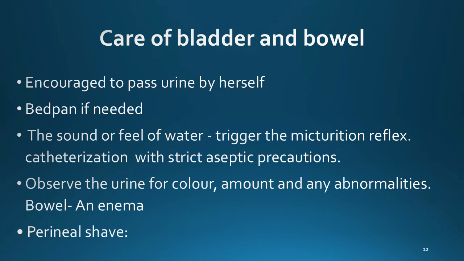So encourage the mother to pass urine, or assist her with a bedpan or catheterize with aseptic cover. The bowel should be cleared with an enema. Organisms in the perineal hair may infect the mother's vulval area, so shaving or trimming of pubic hair is better for vulval cleaning.